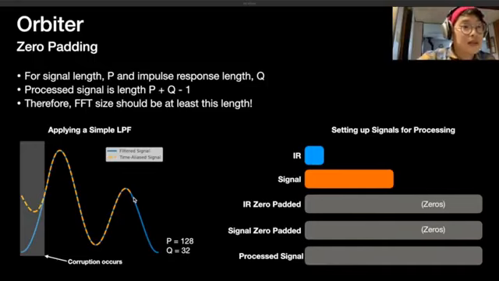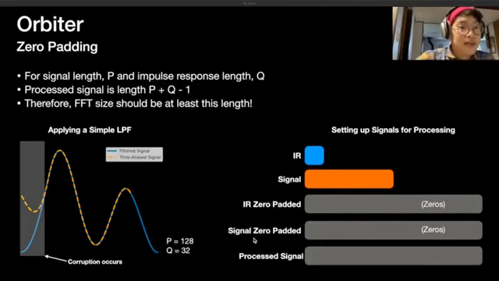And so the convolution will wrap around to the beginning of the processed output and corrupt the first few samples. This phenomenon is called time aliasing. Now, if we had used an FFT size of 128 plus 32, 160, usually we use the next power of 2 available. So if we had used a size of 256, we wouldn't have this issue.